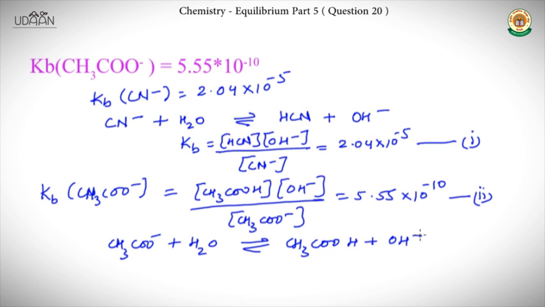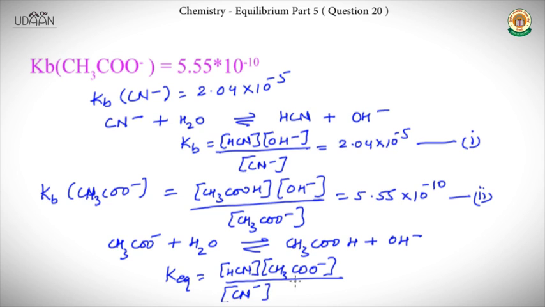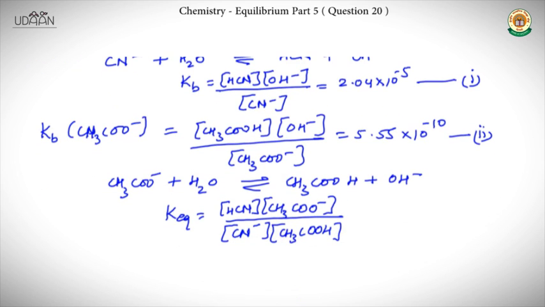Now, if you notice, we need to find out the equilibrium constant for the given reaction, which will be concentration of HCN into concentration of CH3COO minus upon the concentration of CN minus into CH3COOH. If you notice carefully, this expression can be obtained if I divide equation 1 by equation 2.